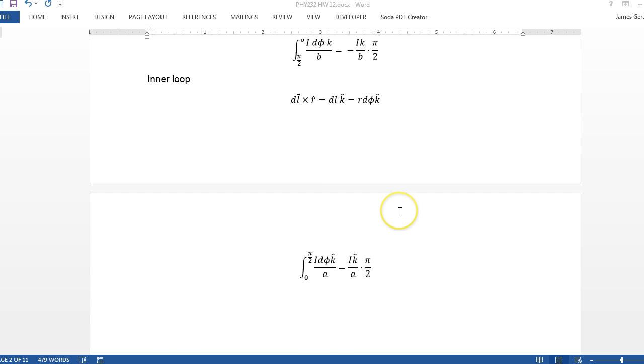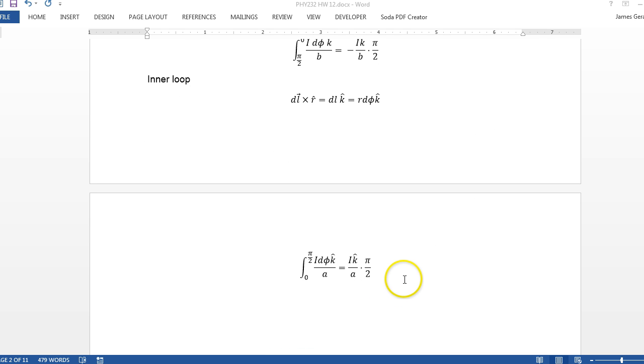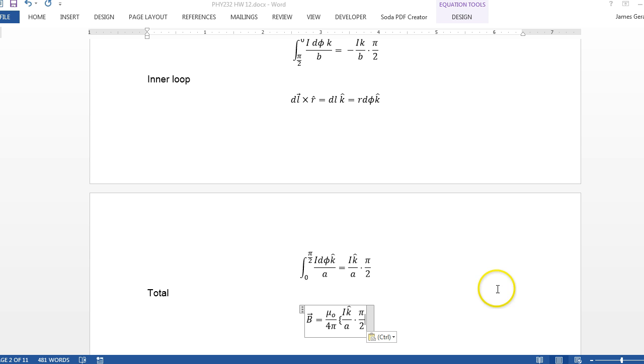So we put these two together. We've got to remember out front, we have a mu naught over 4 pi, multiplying it all together. So the pi's cancel out.